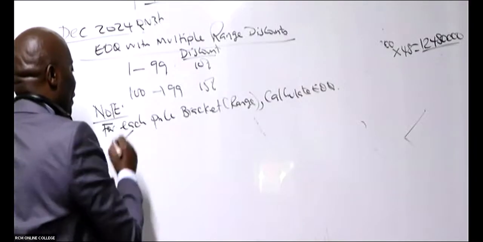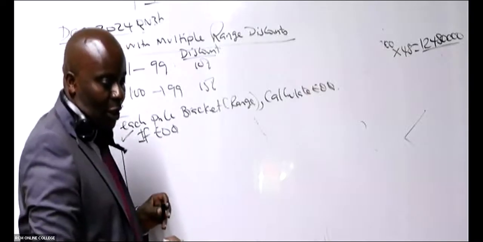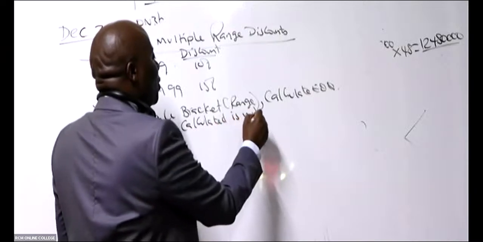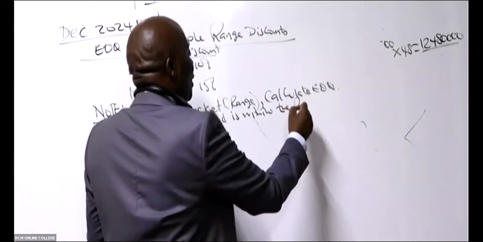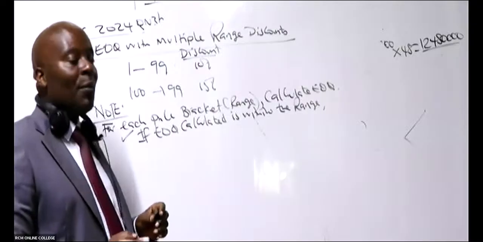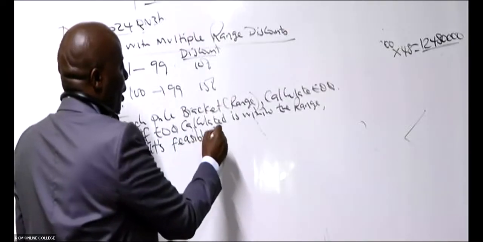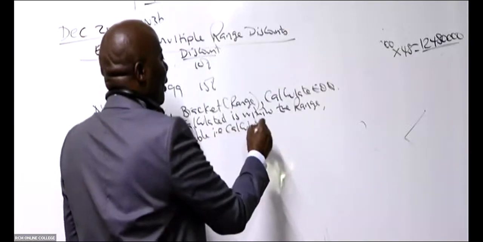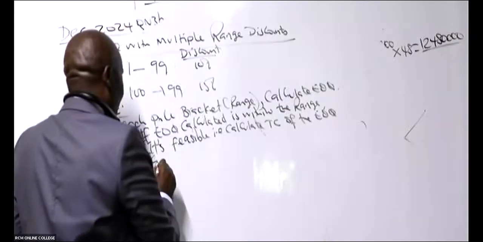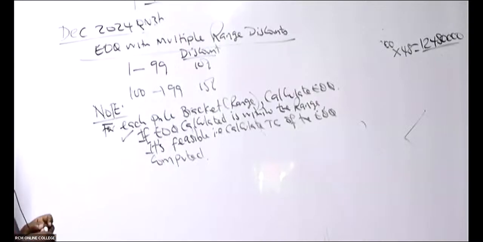Now, number one. If EOQ calculated is within the range, it is feasible.